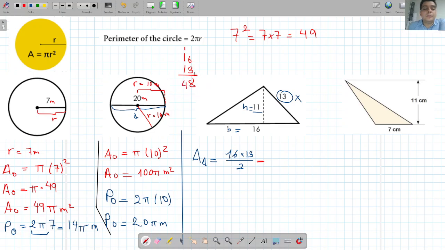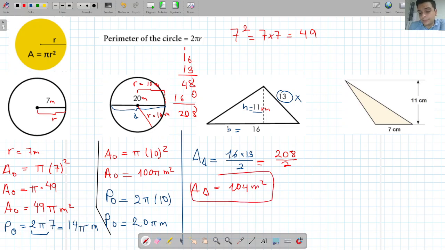And here we got 48. And here we got 168. This is 208. So we have 208 divided by 2, which is going to give me an area of 104.